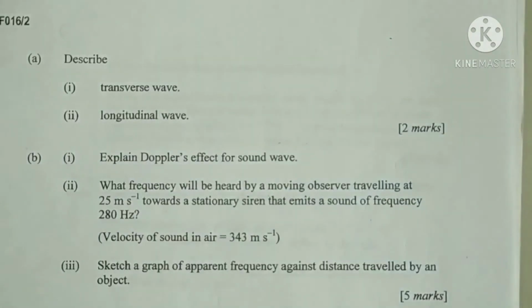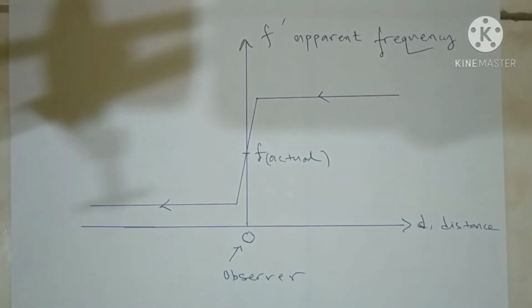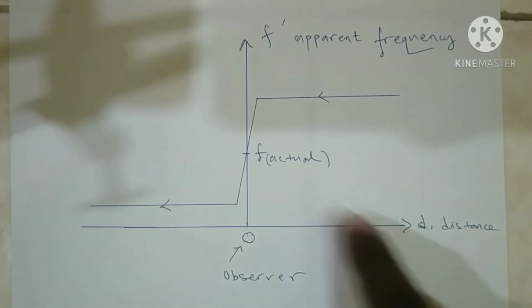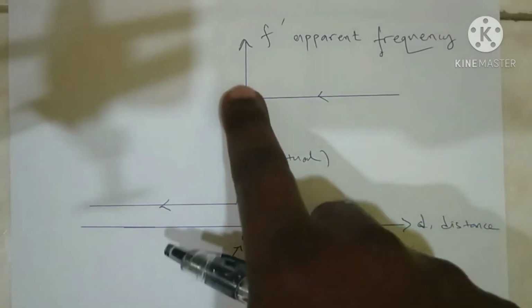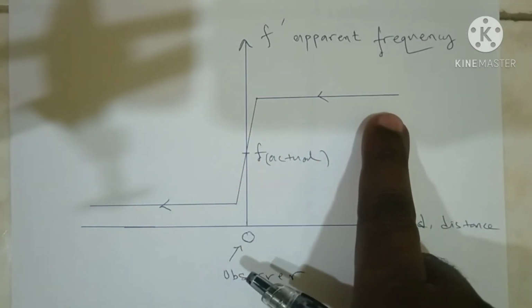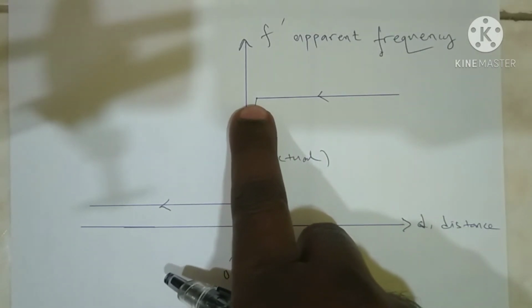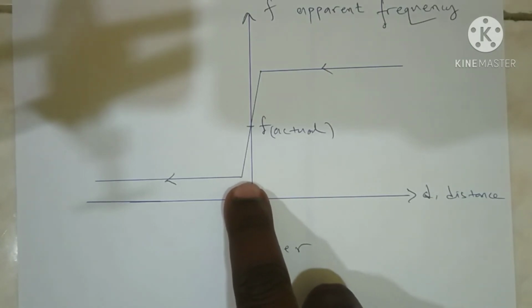And for section 3, sketch a graph of apparent frequency against distance traveled by an object. You have two options to sketch apparent frequency against distance. You put 2 points of apparent frequency around the actual frequency. When the source is approaching, you put one apparent frequency here, and when it is moving away, you put another apparent frequency here.